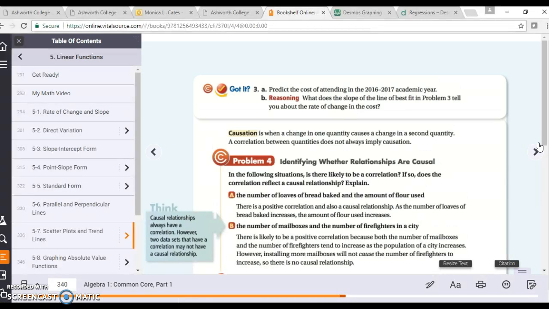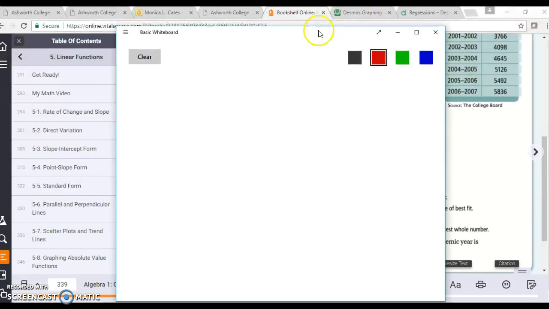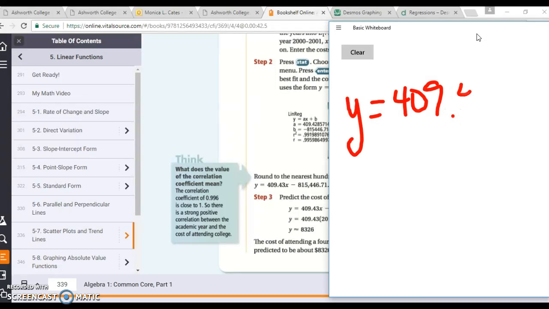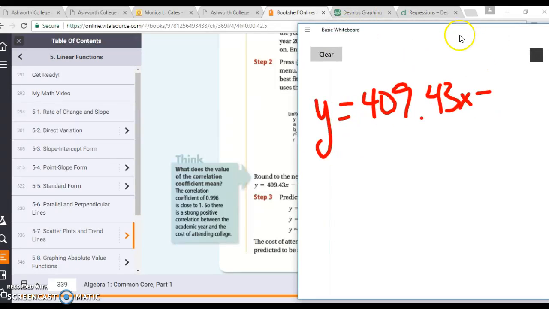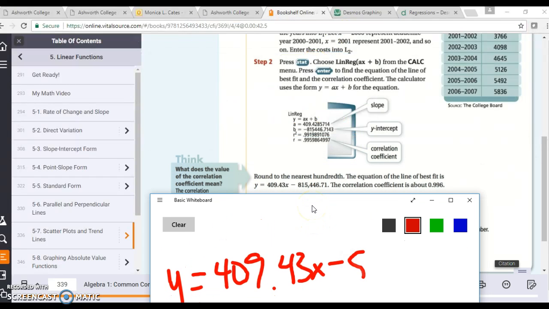It says predict the cost of attending in 2016, 2017 academic year. So let's put up our equation. So we have y equals 409.43x minus that really big number, 815,446.71.